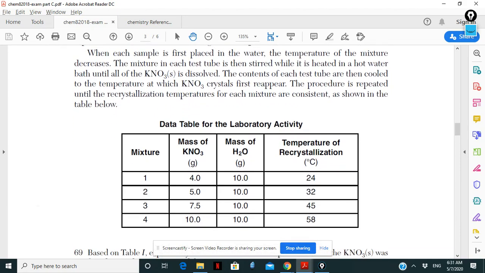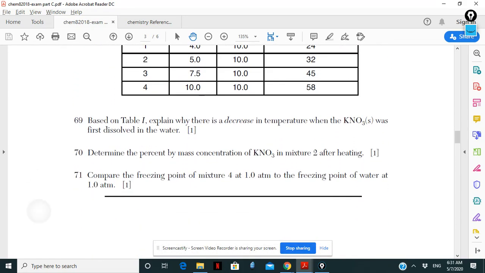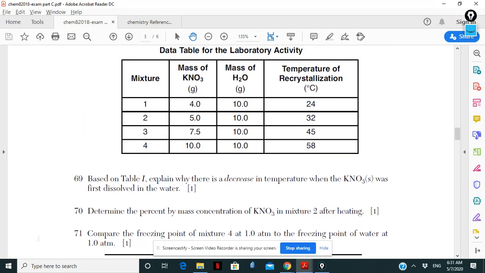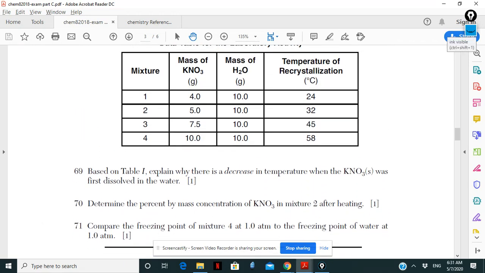Question numbers 69 to 71 are related to that part. Based on table I, explain why there is a decrease in the temperature.